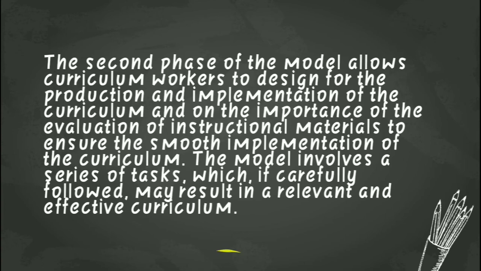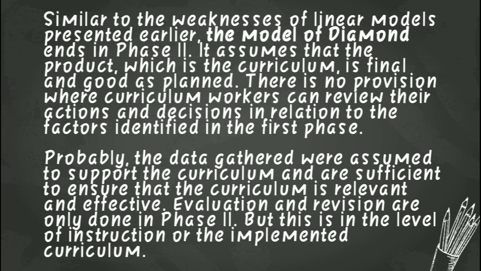And then, similar to the weaknesses of linear models presented from the other report earlier, the model ends in phase 2. As I said, it is the last phase. It assumes that the product, which is the curriculum, is final and good as planned. There is no provision where curriculum workers can review their actions and decisions in relation to the factors identified in the first phase.